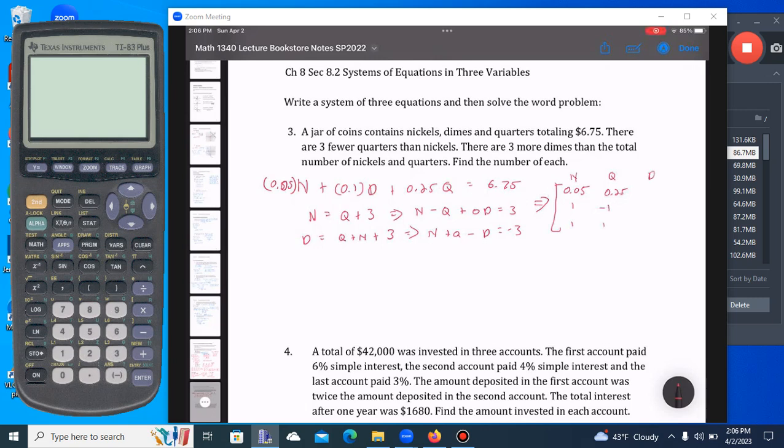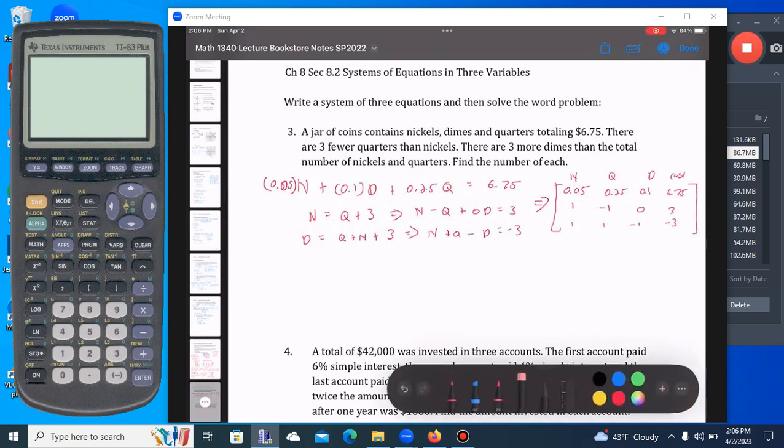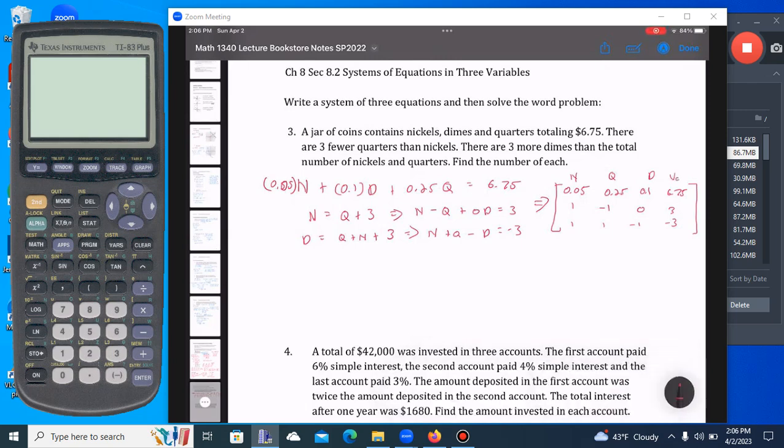Dimes would be 0.1, then 0, -1, and then for the value, 6.75, 3, and -3. I shouldn't say cost, the value. Find the cost in the first one. All right, so that's what we're going to be changing that matrix to.